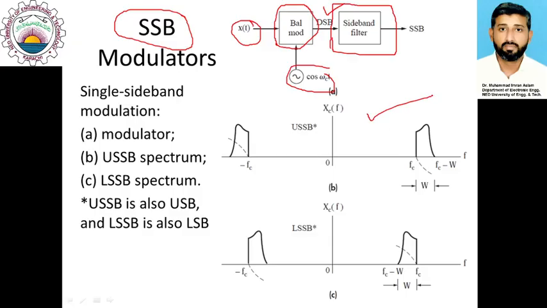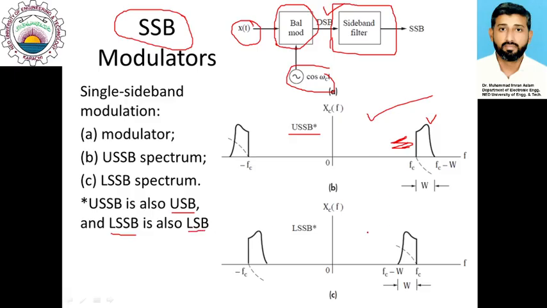This diagram here illustrates how the suppressed sideband would appear. For this particular case, we have suppressed the lower sideband and are left with the upper sideband only. So this becomes an upper single sideband signal. Sometimes we call it upper sideband. So USSB is also named as USB and LSSB is also named as LSB.